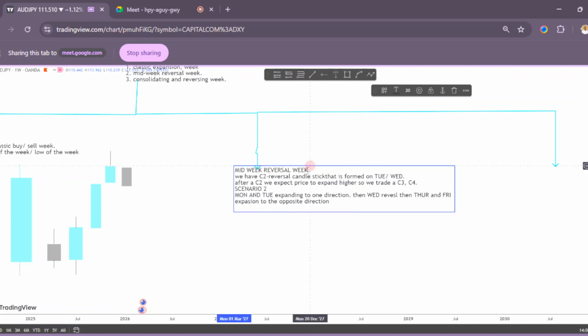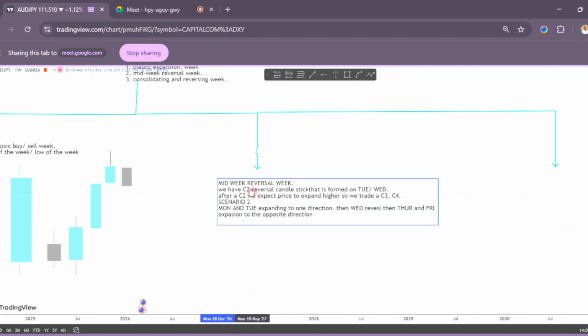So if, for example, Monday and Tuesday we were expanding higher, and then Wednesday we had a reversal, we expect now Thursday and Friday to expand downwards, in the opposite direction. This is a midweek reversal.